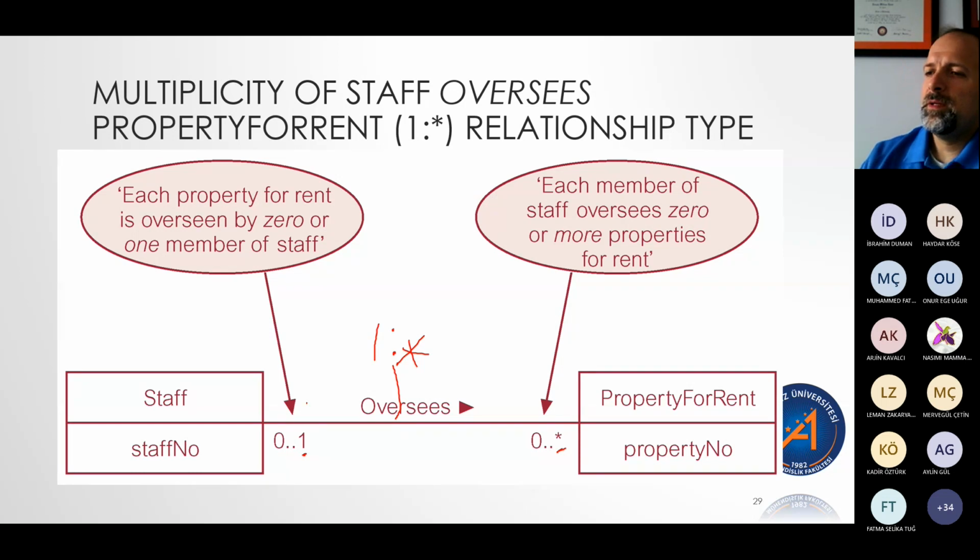Okay, so a staff person can oversee many properties. A property can be overseen by one staff person. But as we saw in the example in the semantic net, neither one of those is required. So a staff isn't required to oversee any properties. A property is not required to be overseen by any staff. So a staff oversees 0 or many properties. A property is overseen by 0 or 1 staff member. Okay.